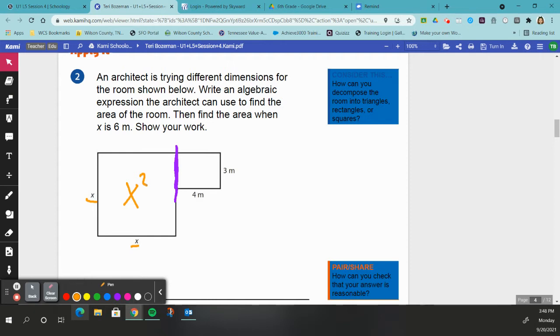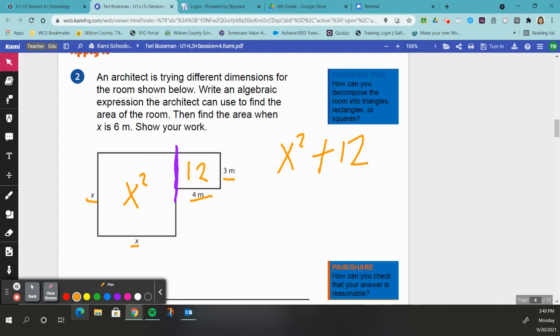And then my other part of the shape, I would do 4 times 3 to find the area. Well, that is 12. I would add those 2 areas together, so x squared plus 12. This would be an expression that if I plugged in a number for x, I would find my area for the entire shape.